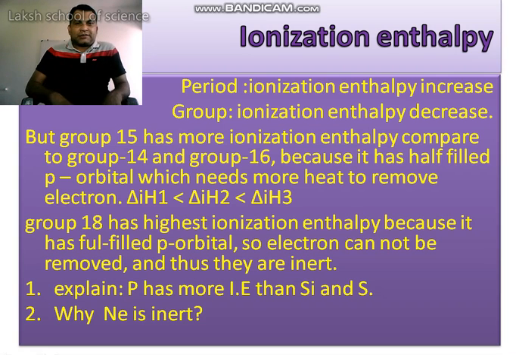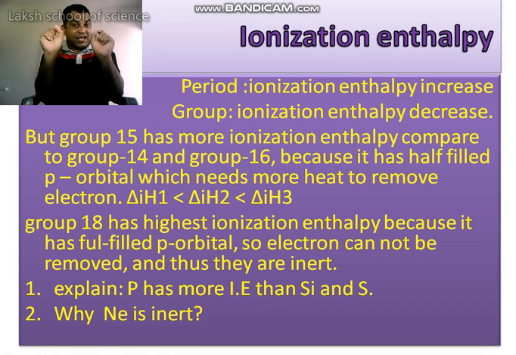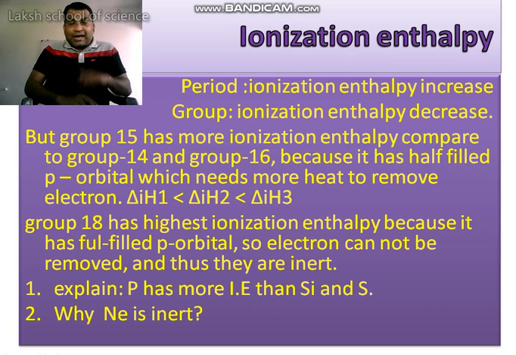Now, remember, ionization enthalpy depends on two things. One, the distance between the center atom and the valence electron. If the distance is more, there is less attraction, it is loosely packed and can be removed easily. If they are nearer, the attraction is more, we are not able to remove it easily, and the ionization enthalpy will be more. So first it depends on the distance.